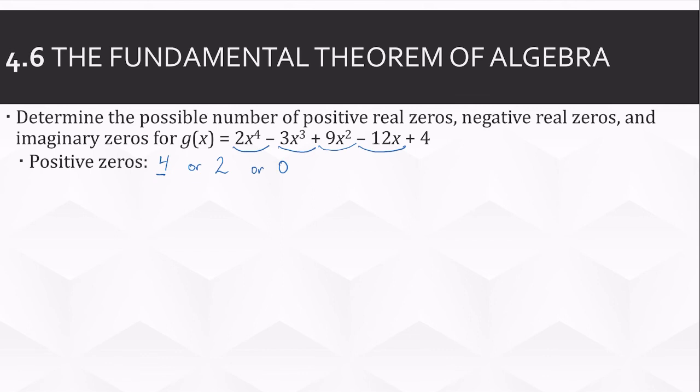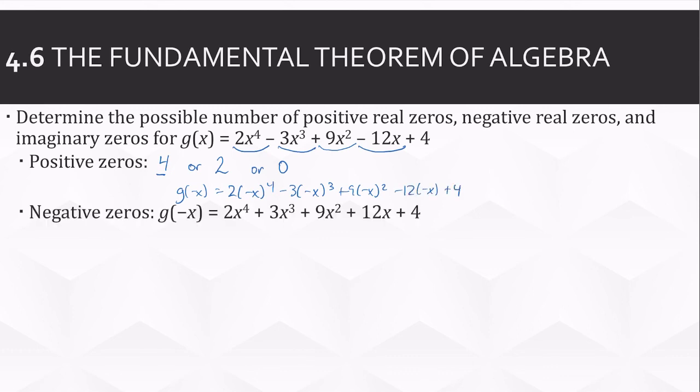To get the negative real zeros, we'll need g of negative x. And we're going to get that by plugging in a negative x for x. So replace x with negative x. When you have negative to an even power, it becomes positive. Negative to an odd power stays negative.